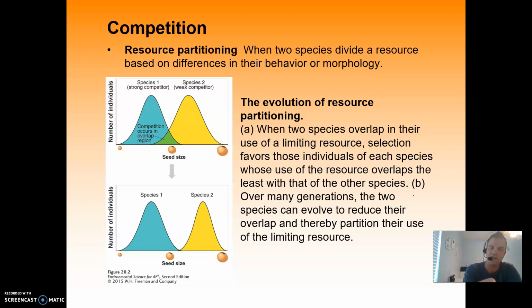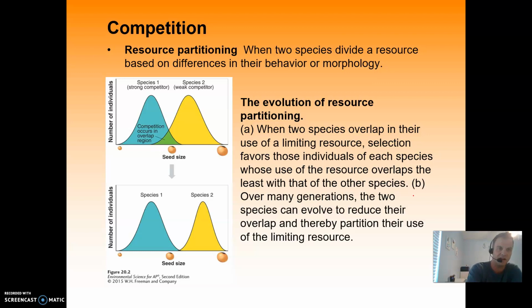The evolution of resource partitioning is when two species overlap in their use of a limiting resource. Selection favors those individuals of each species whose use of the resource overlaps the least with that of the other species. So over many generations, two species can evolve to reduce their overlap, thereby partitioning their use of a limiting resource.